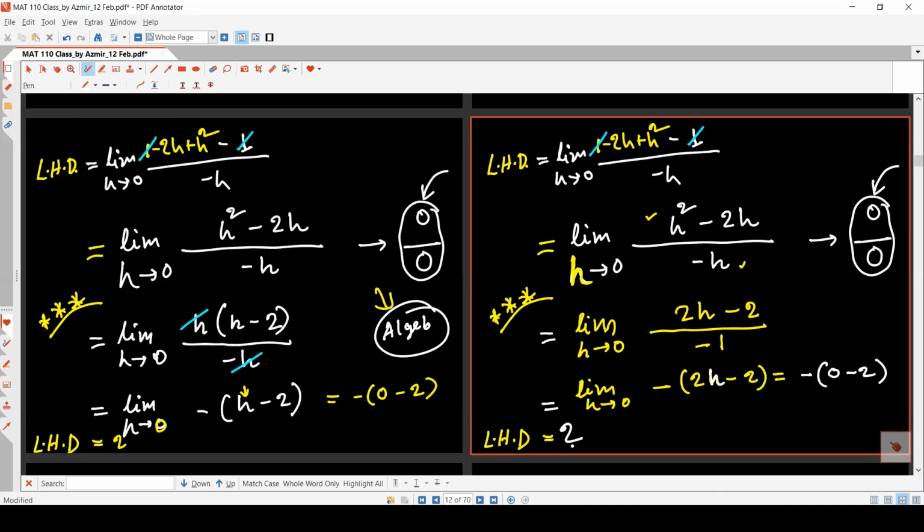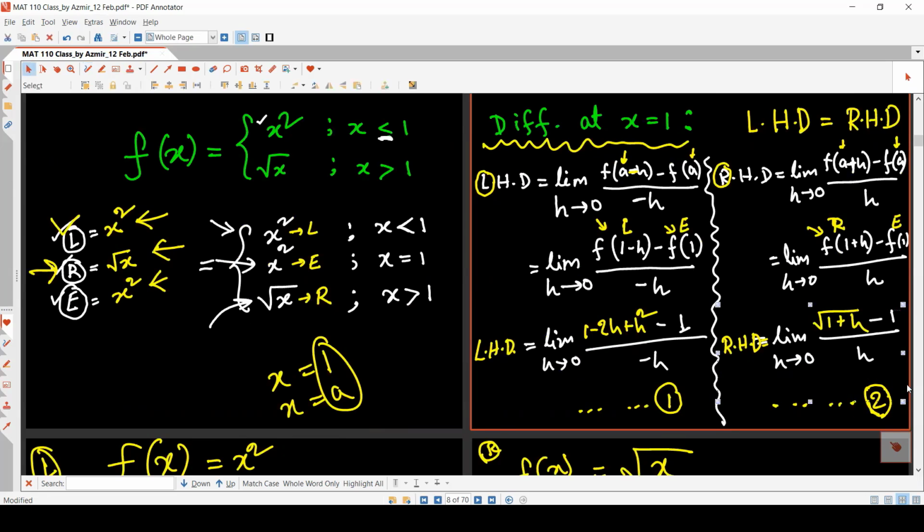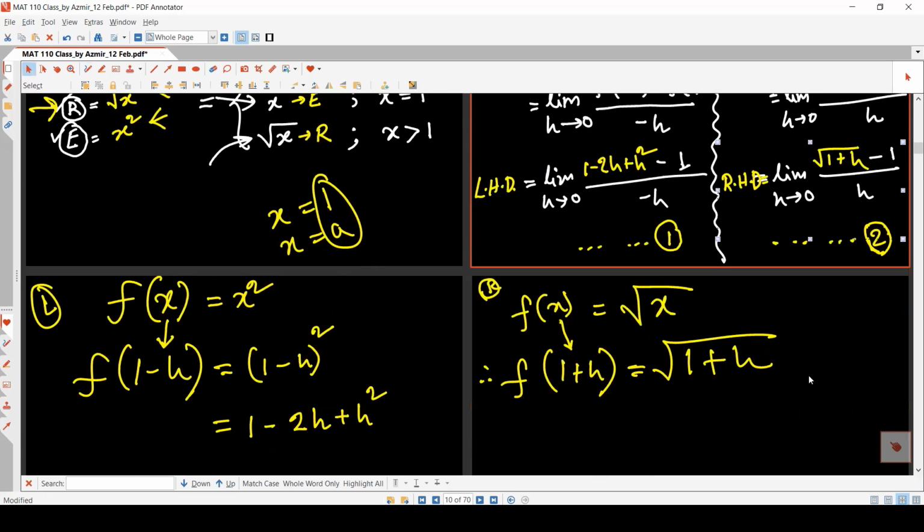So 2. So it doesn't matter which method you are going to apply. You are going to have the same result. So we have found left-hand derivative. Now we are going to find right-hand derivative, which is the equation 2.